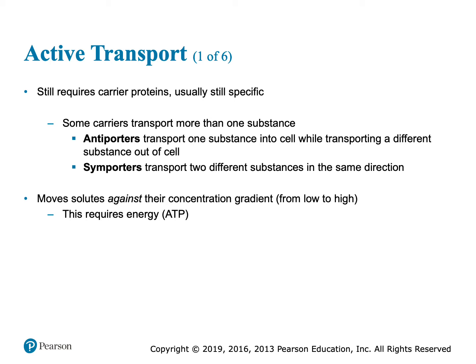And sometimes it's going to be more than one thing passing through this integral protein, this channel. Sometimes, with the help of ATP, we're going to have one thing moving in while another thing moves out. That's an antiporter. Sometimes we're going to have things that move in together.